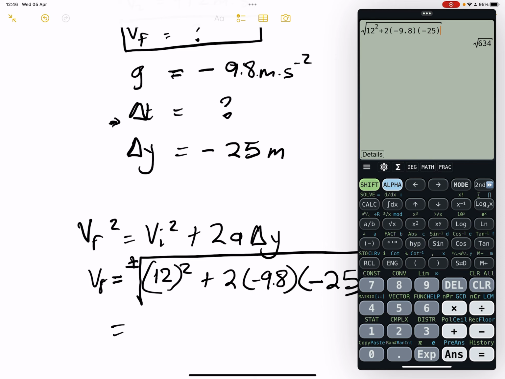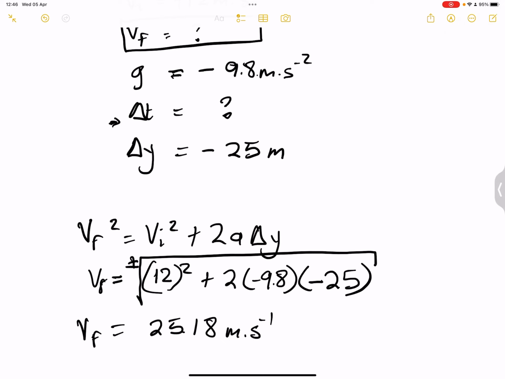Okay, so in this case, we get that value, and I get a value of 25. Remember, we said plus or minus 25.18 actually, to be more accurate, right, meters per second. Now, the question is, which answer are we going to take? The positive or the negative in this case? Remember, it is going down, so it means that that final velocity is negative.